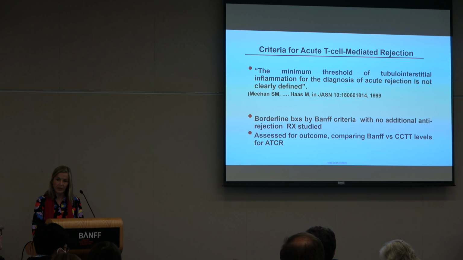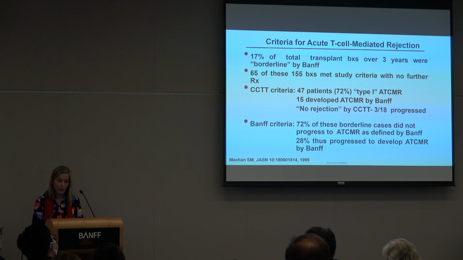And they assessed for outcome and they compared the Banff versus CCTT levels for acute T-cell mediated rejection. So 17 of the transplant biopsies they looked at over 3 years who had this follow-up repeat biopsies not further treated were borderline by Banff. 65 of the 155 biopsies had no further treatment. So these were the patients that they looked at.